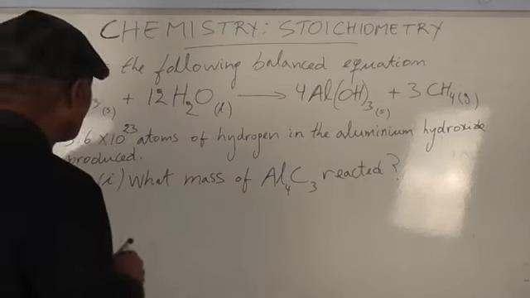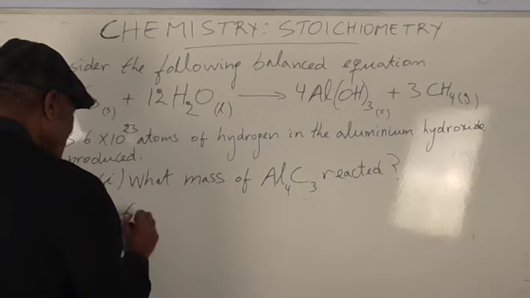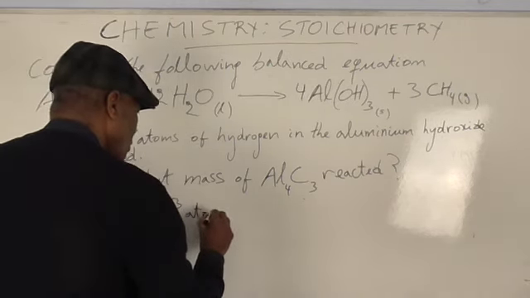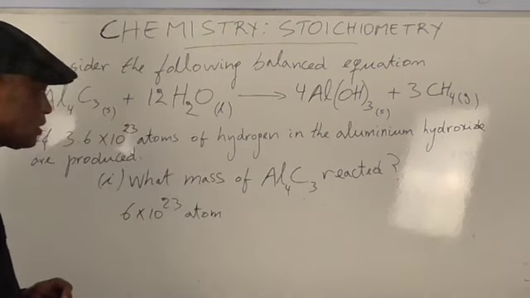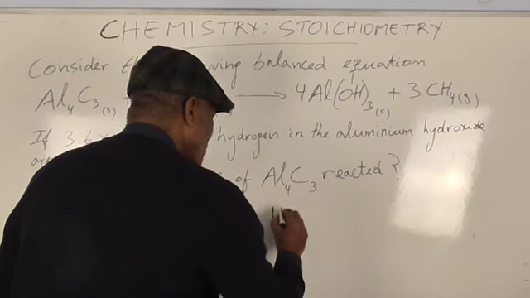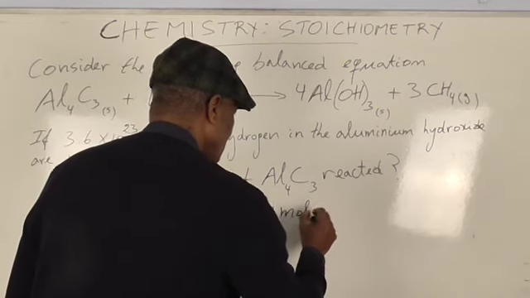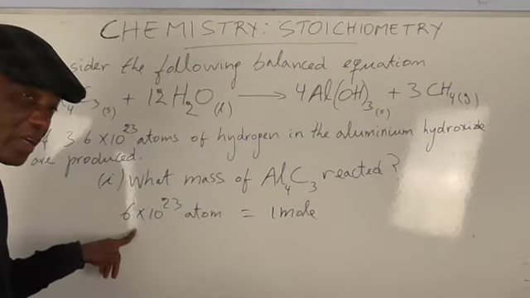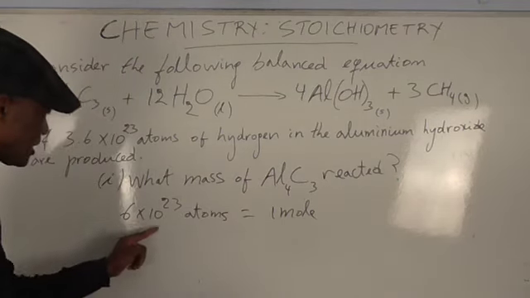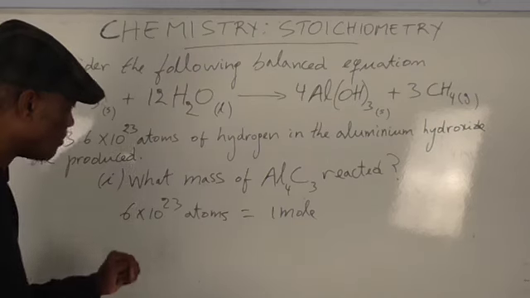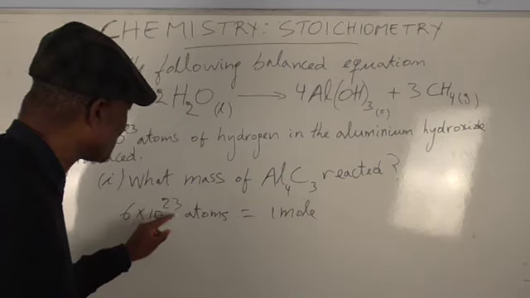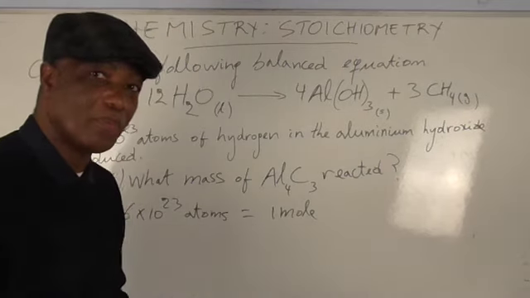We know that 6 multiplied by 10 to the power 23 atoms of any particles represent 1 mole. So, Avogadro number. Don't forget, this is Avogadro number. 6 multiplied by 10 to the power 23 atoms is 1 mole.